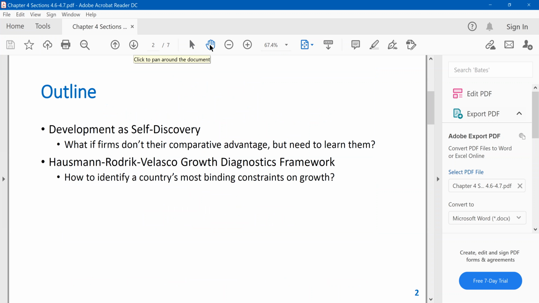The main issue in the self-discovery question is this. A firm or a country may not know where their comparative advantage is. Which products to produce, or how to produce these products, whether to target international markets through exports.